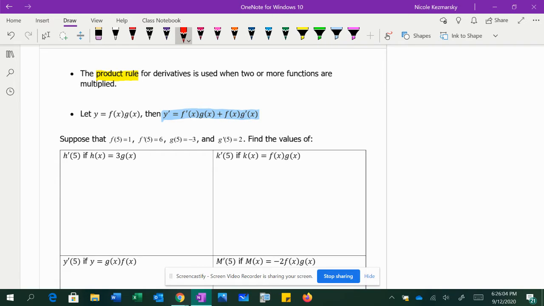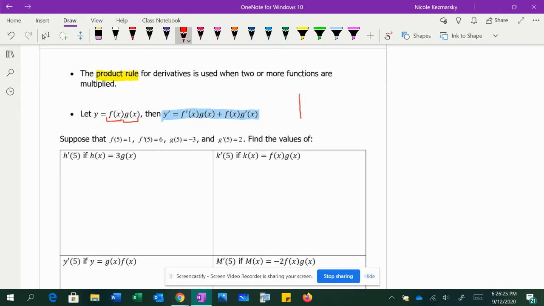I have a bit of a graphic organizer, if you will, for remembering this rule. So what we have here is two functions, one function f of x, one function g of x, multiplied together. So I can identify that I need to use the product rule because it's the product of two functions.